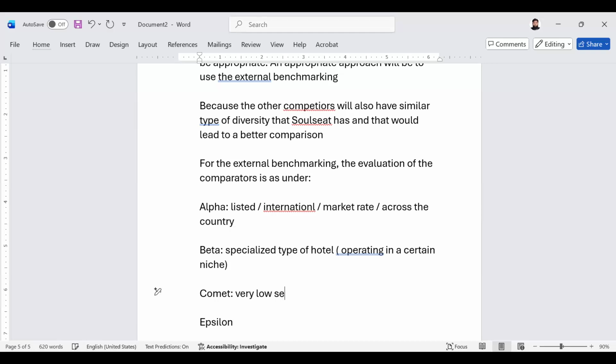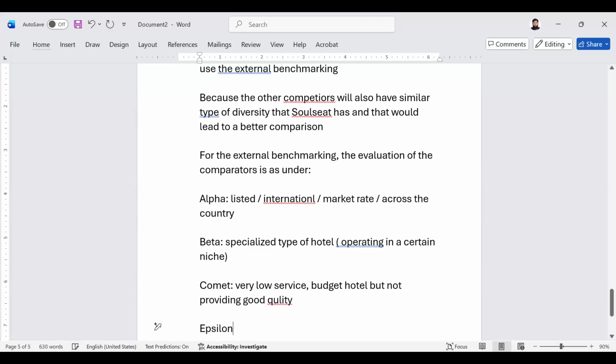Very low service, budget hotel, but not providing good quality, high-end, premium locations, and premium customers.